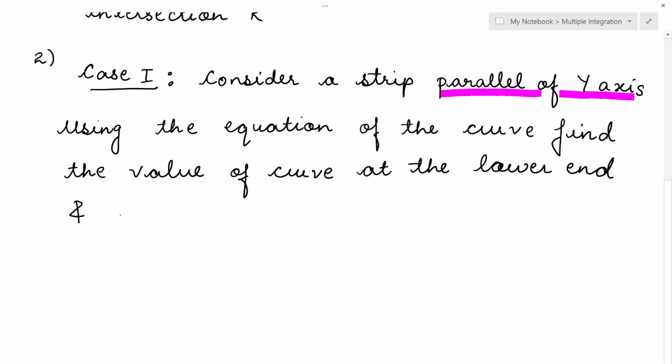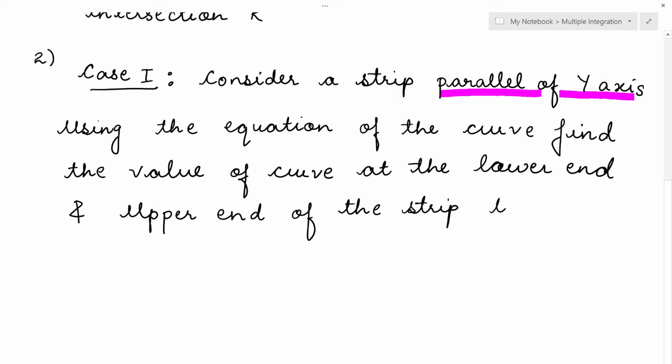What do you mean by lower end and upper end? Since the strip is parallel to the y-axis, that means it is a standing strip. A standing strip will have a lower and an upper part. So you have to find the value of y at the lower end and the value of y at the upper end of the strip. This will give you the limits of y.